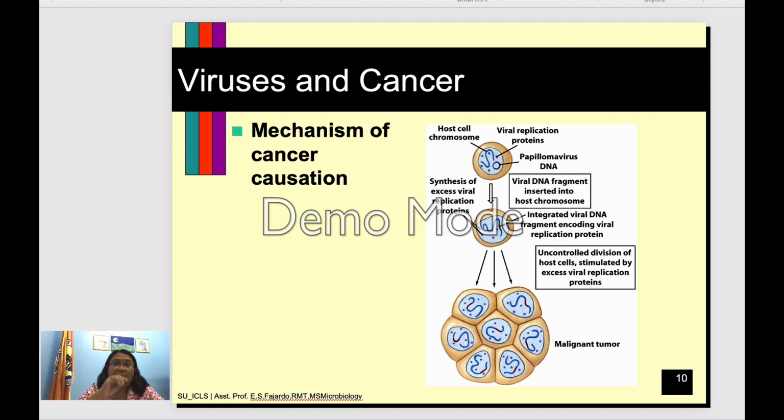So this is what happens in cancer. What will happen is very simple. It integrates its DNA into the host DNA, and then it codes for the production of transformed cells when they are expressed.